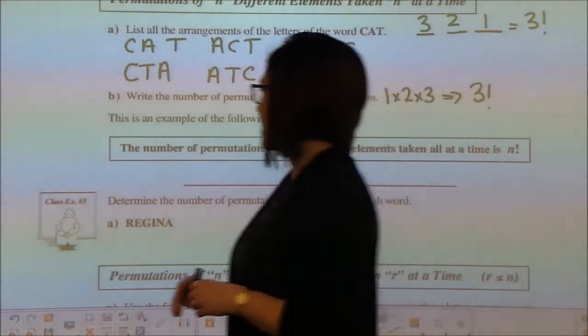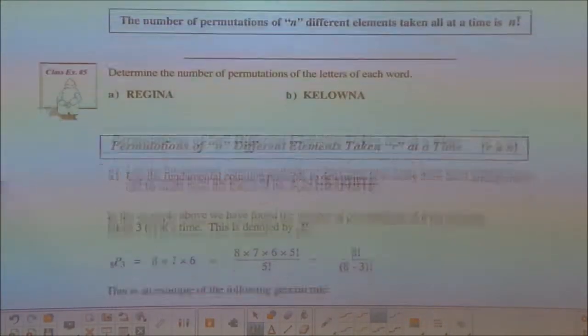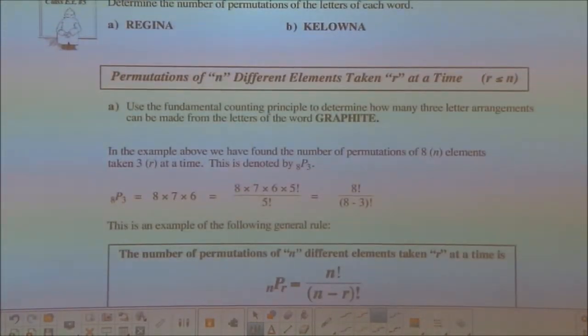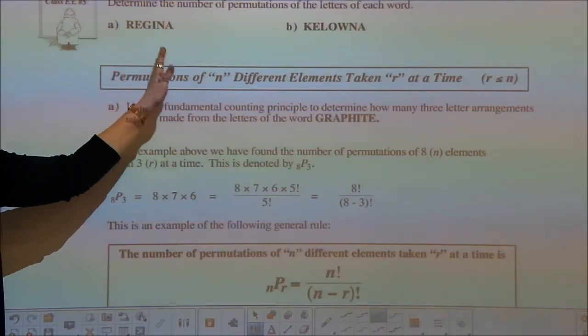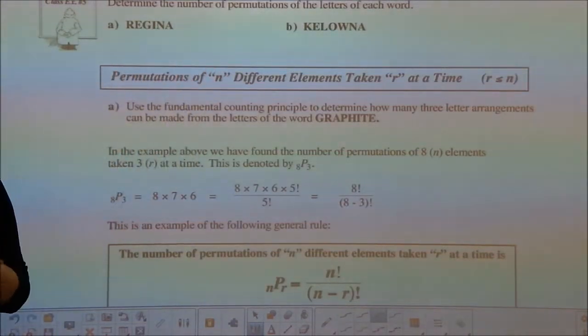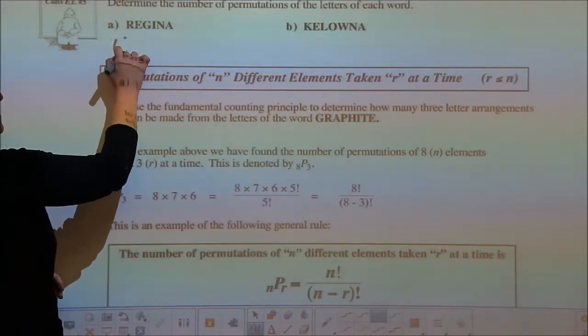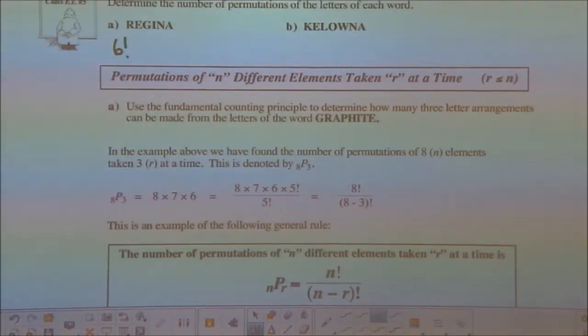So if I take the letters in the word Regina, how many different arrangements can I make with those letters? So how many letters do I have? So how many choices do I have in the first spot? Times 5, 4, 3, 2, 1. So that's the same as 6 factorial. What is the value of 6 factorial?